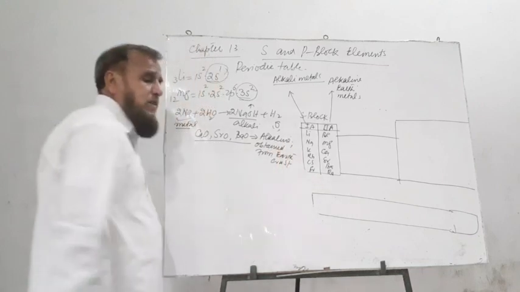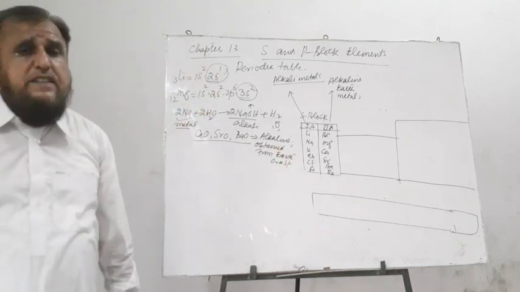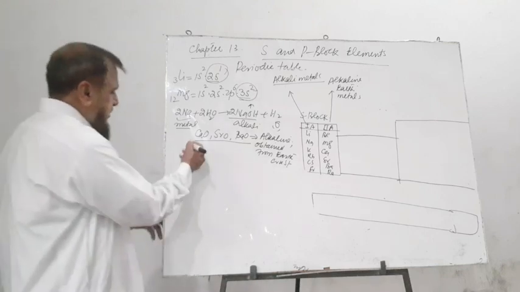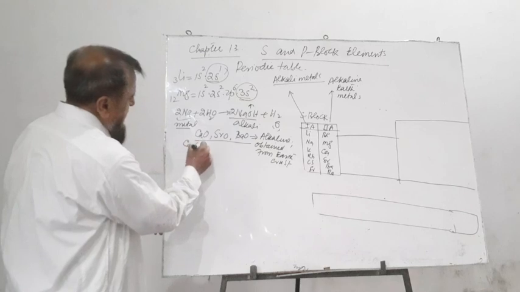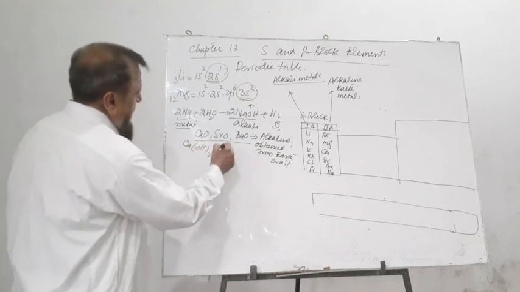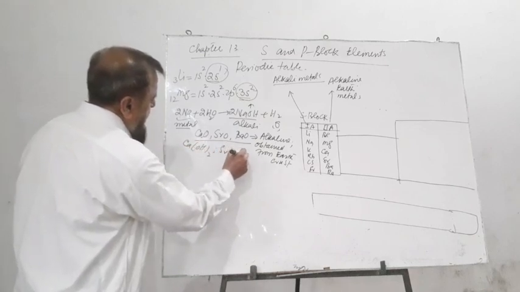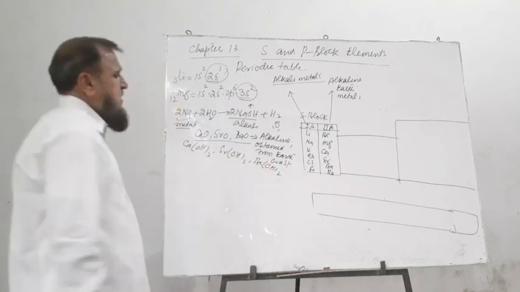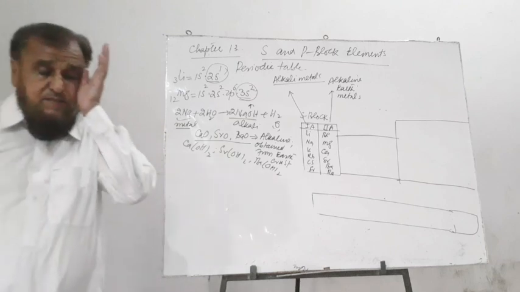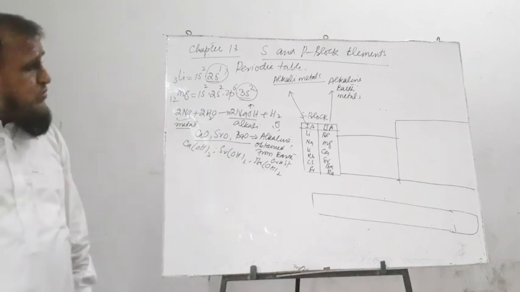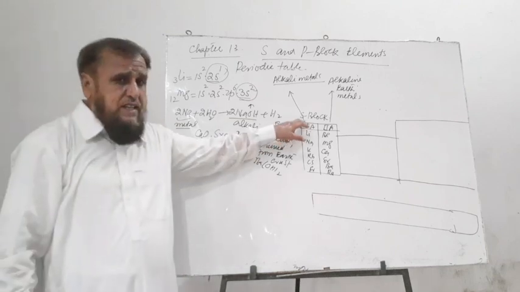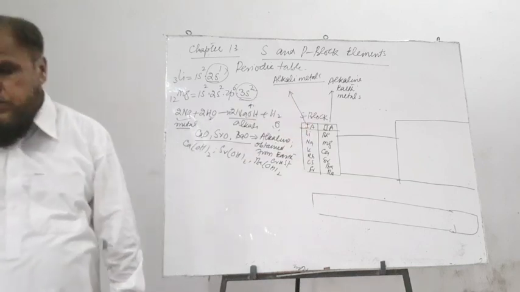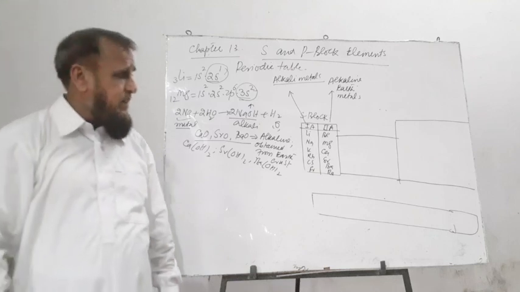As they are obtained from the earth crust and are alkaline in nature, they are known as alkaline earth metals. Furthermore, their hydroxides are also alkaline, like calcium hydroxide, strontium hydroxide, barium hydroxide and magnesium hydroxide. So s block elements comprise two groups, group 1A, which are known as alkali metals, and group 2A, which are known as alkaline earth metals.